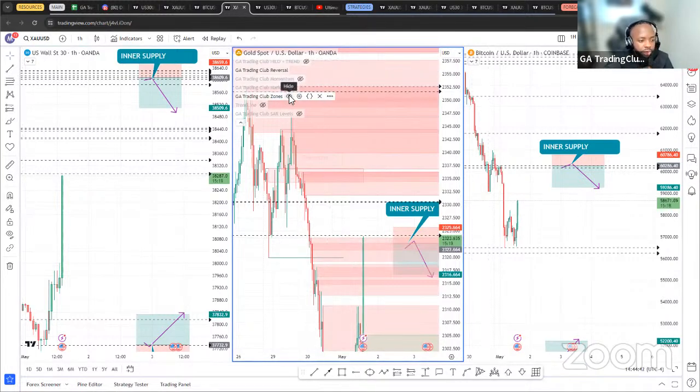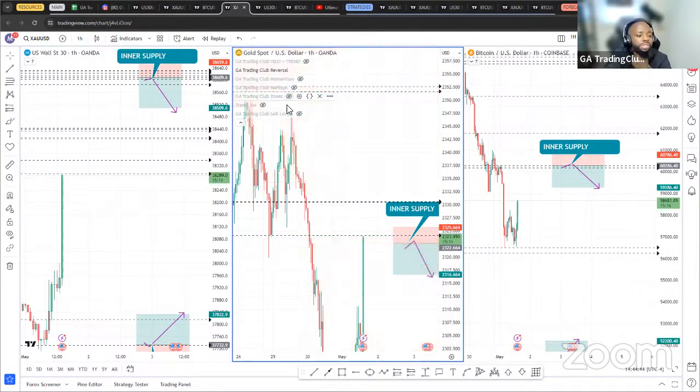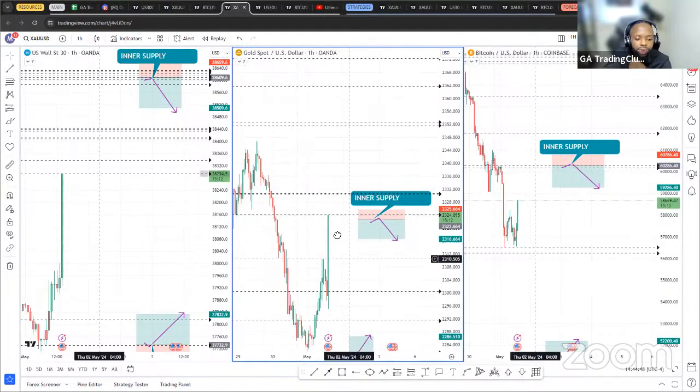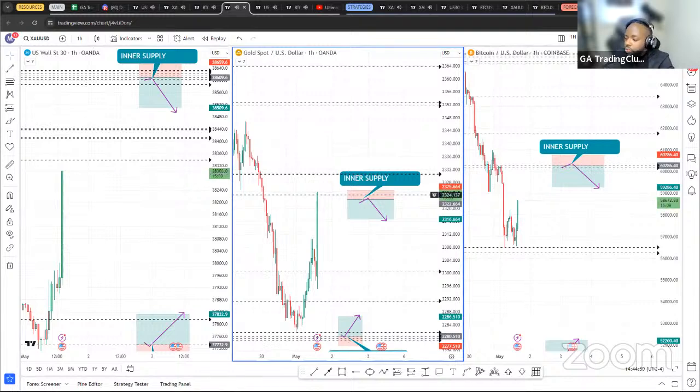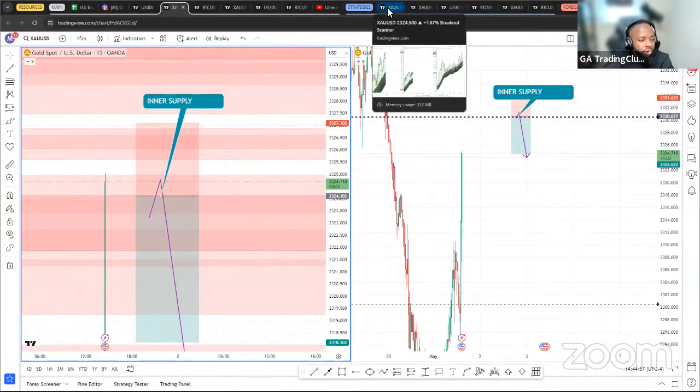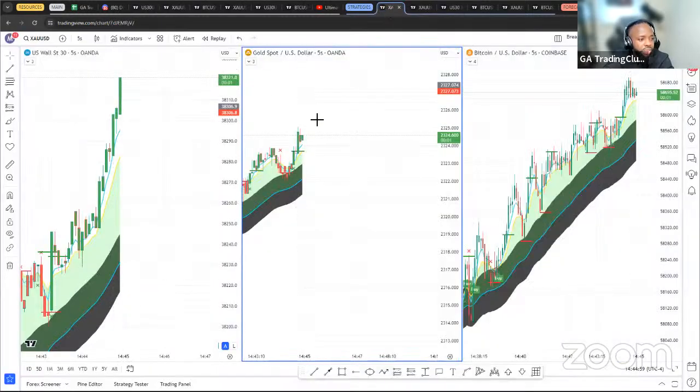So this is the last saving grace for gold. If we break here, it turns bullish, and I would only be looking to consider sells at like 11 p.m. Eastern time or London time. So let's see.